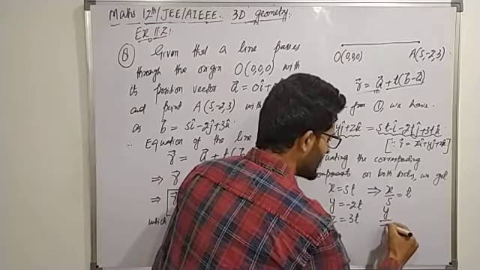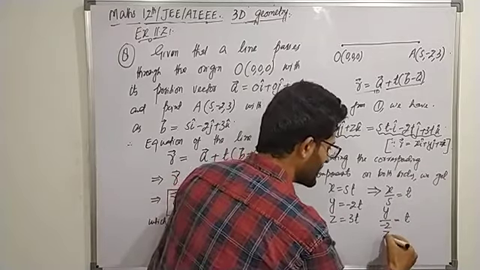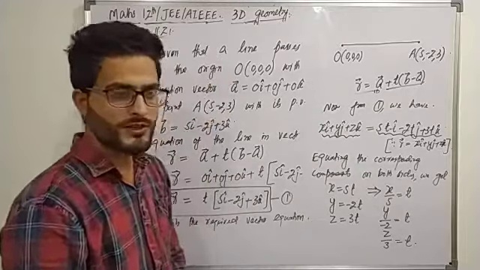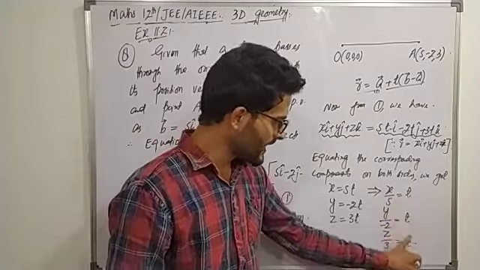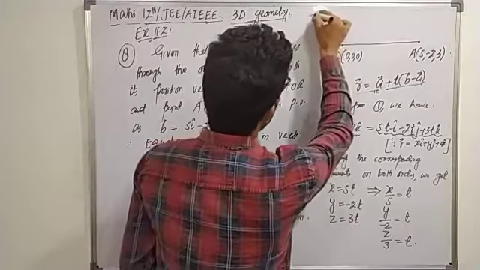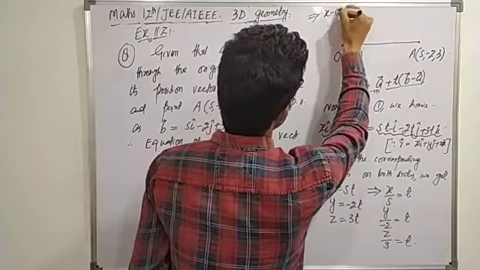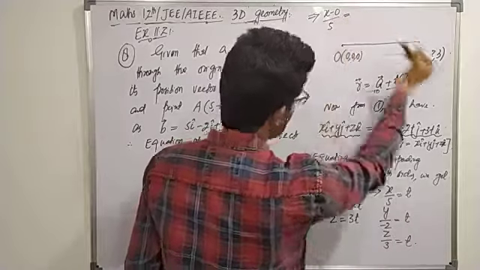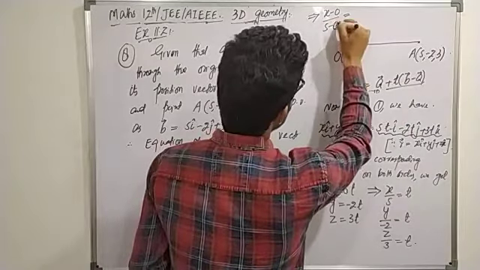Y divided by minus 2 must be equal to again t, and z divided by 3 must be again equal to t. Right? So x divided by 5 is equal to t, and t on the RHS is the same, so LHS must be the same. So from here, this x can be written as x minus 0 divided by 5, or we can also write 5 minus 0.